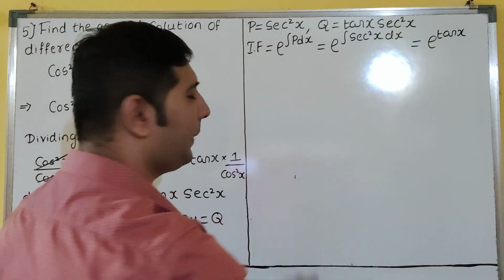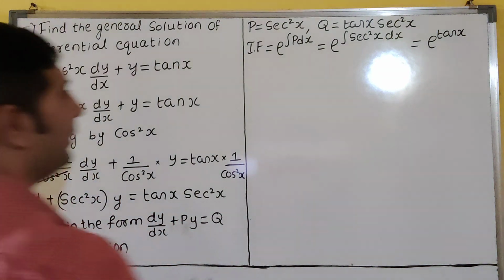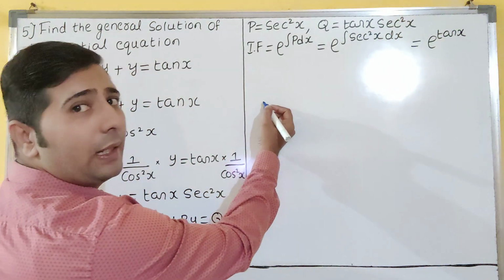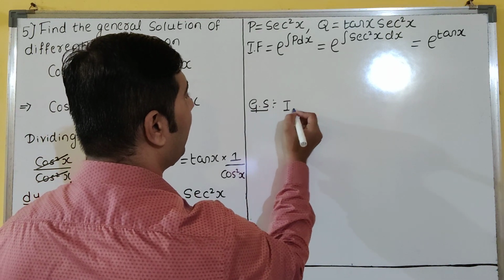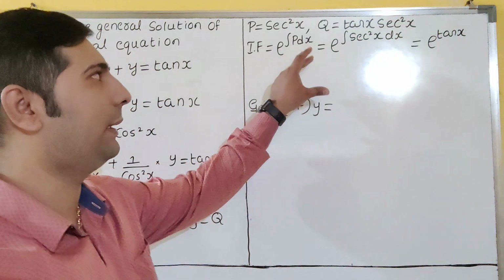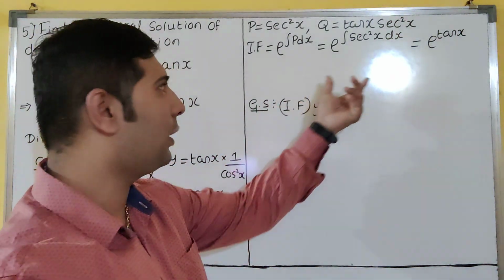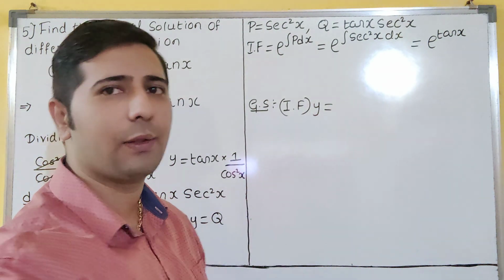So now let us find the general solution. How to find the general solution, you see here. GS I will write here. IF into y. You don't leave space, you write continuously, because here light is reflecting. That's why I am writing below, dear students.